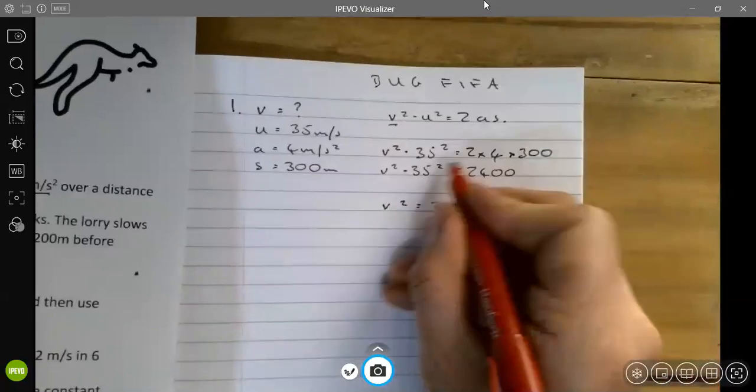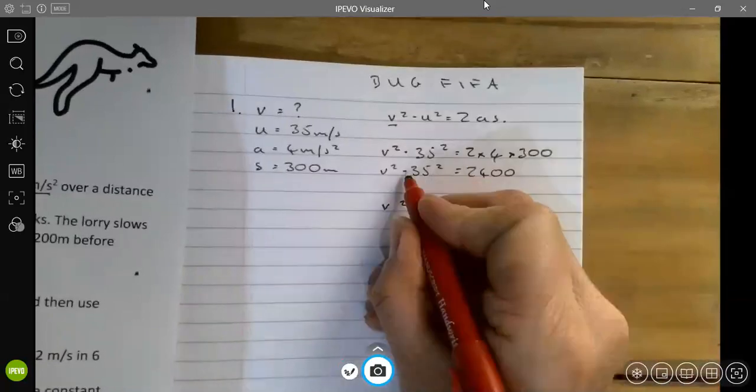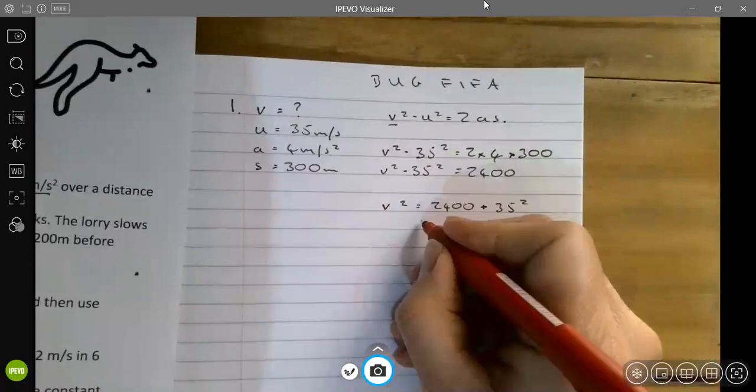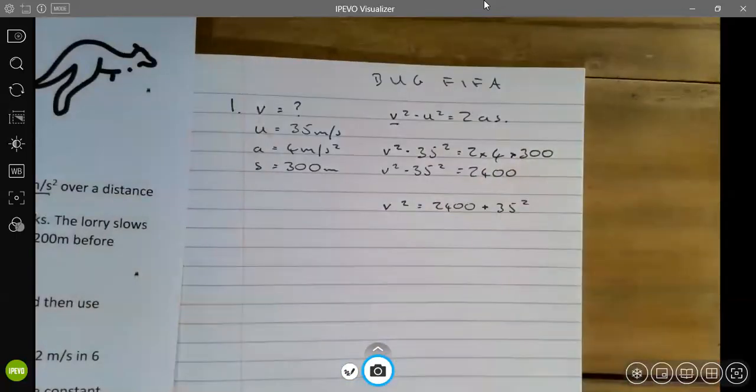I've moved it to the other side, so the sign's changed. 35 squared is equal to 1225.